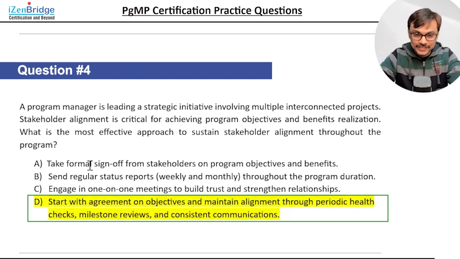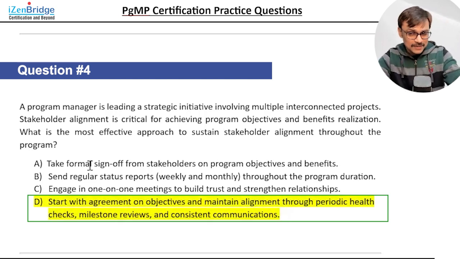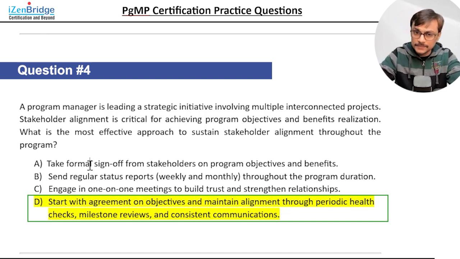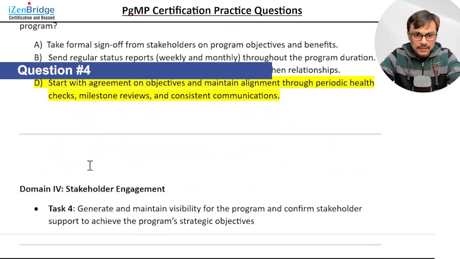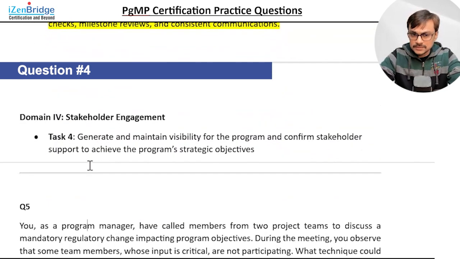And you do believe that A, B, C may be having some weaknesses. Let me go to the better one. The idea of the question is identifying the better option because that's the test which we are giving. Overall, it is mapping to generate and maintain visibility of the program and confirm stakeholder support and achieve program strategic objective throughout the program life cycle.